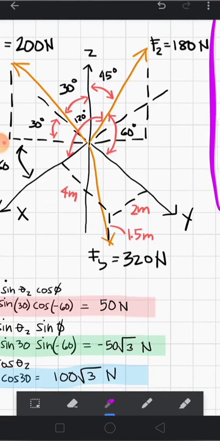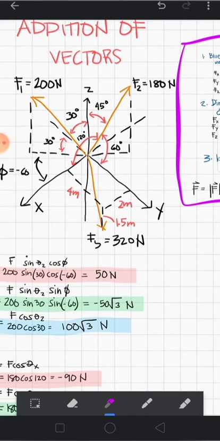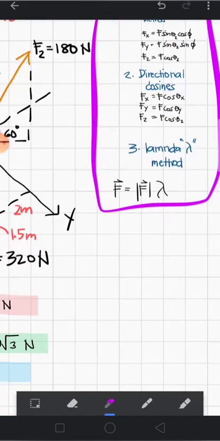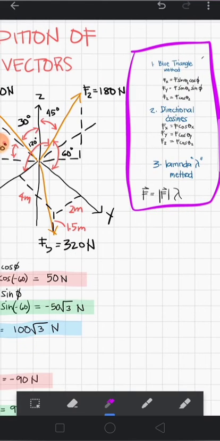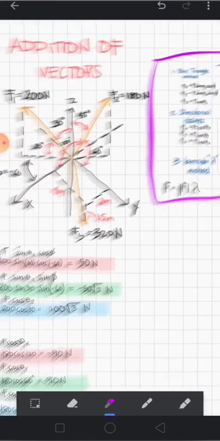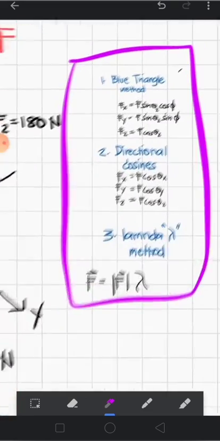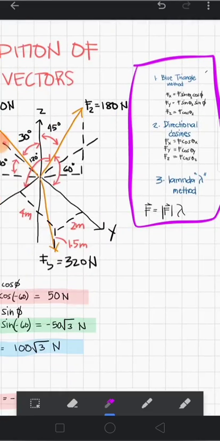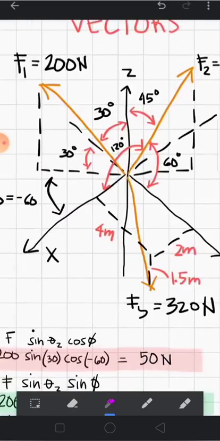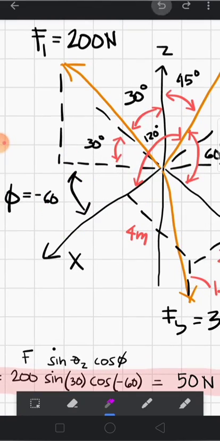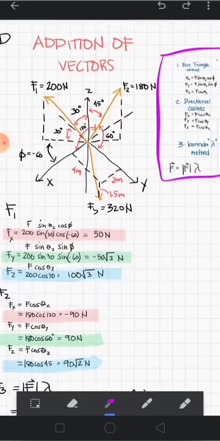It's given in 4 meters, 2 meters, how much in the x, how much in the y, and how much in the z. So that's lambda. And if the given is theta x, theta y, and theta z, all three angles, you can use directional cosines. And if the given is only two angles, the angle in the base, or the phi, the angle between the force and the positive x, you use blue triangle method.